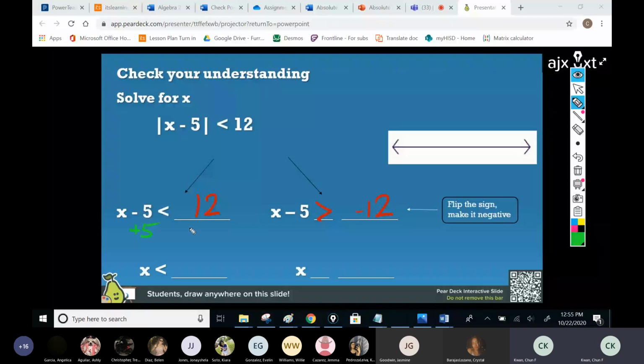And then plus 5 on the left, plus 5 on the right. You have 17. Do the same thing for the other one. You'll have negative 7. All right, so just quickly sketch it on the number line. So let's just say 17 is right here.